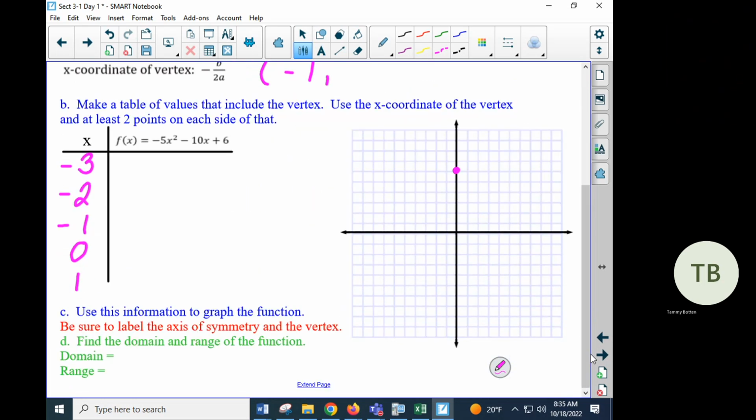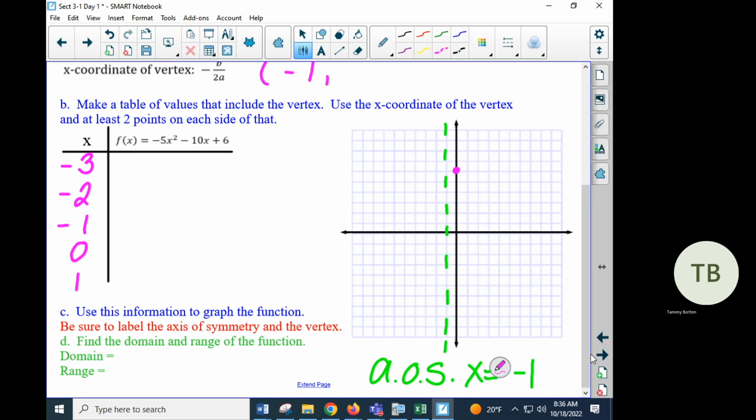So I'm going to go to my table, go to x equals -1, and draw my dashed axis of symmetry. And then down here, I'm going to say AOS is x equals -1. AOS stands for axis of symmetry.